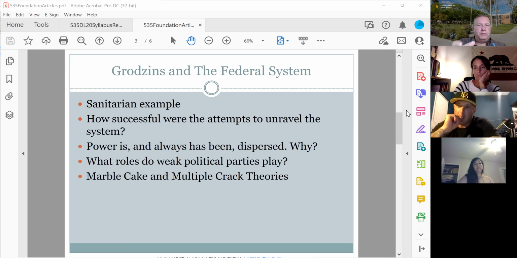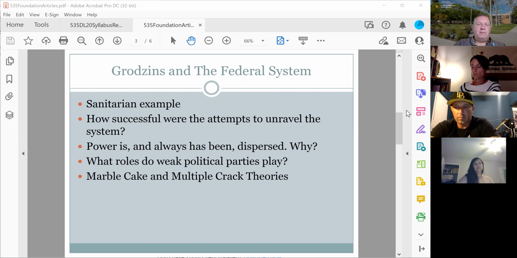And so that multiple crack idea provides us with a lot of the dispersion and distribution of power throughout the entire system. When you've got these multiple cracks and all this power flowing between different levels of government, between citizens and elected officials and citizens and administrators, you basically end up with what has been referred to over time as marble cake federalism.